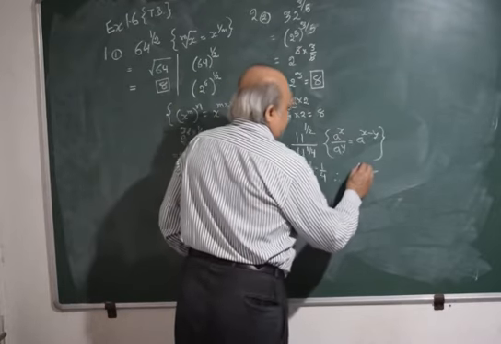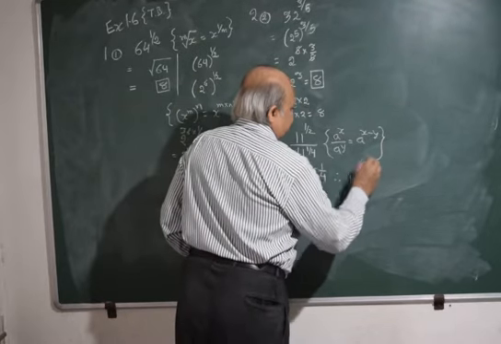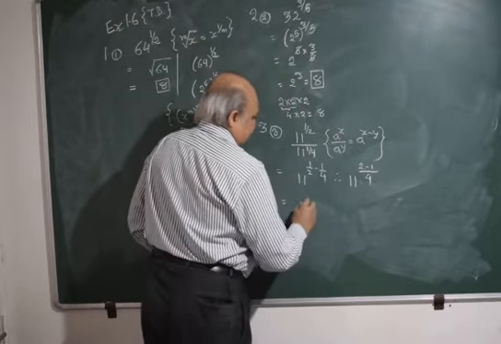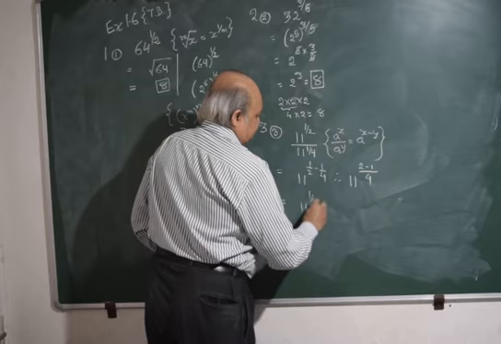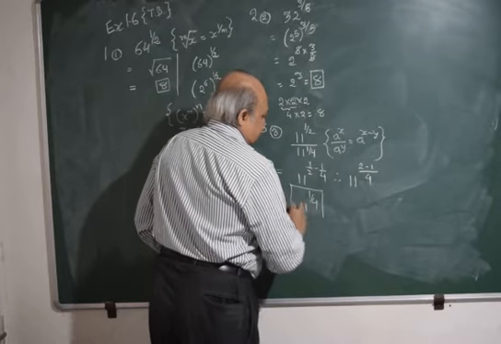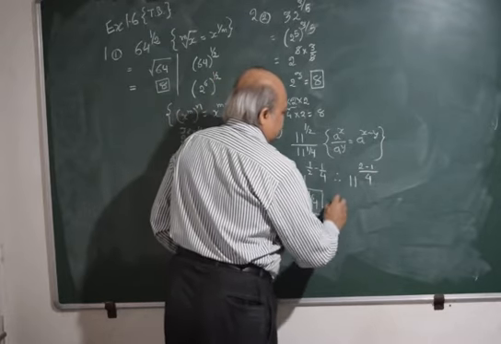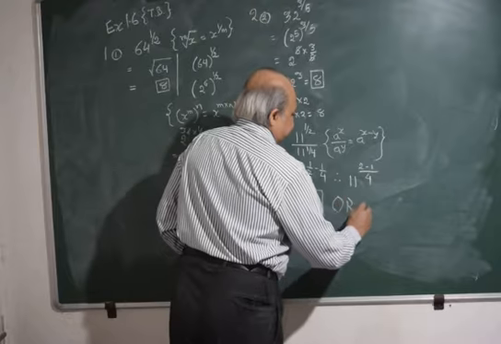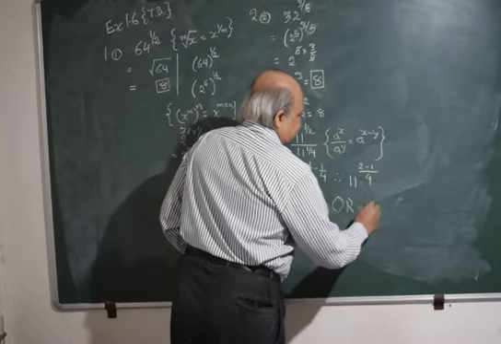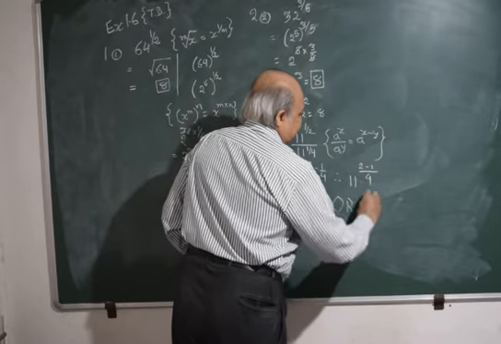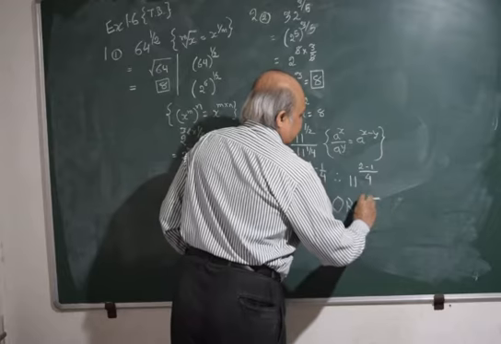So we will have 2 minus 1, which will be equal to 11 raised to 1 upon 4, which can also be written as 11 the 4th root.